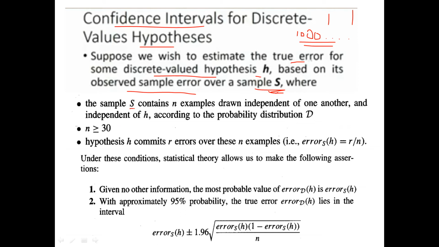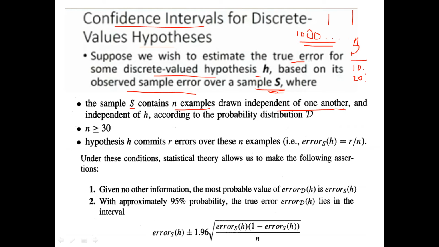Now the sample S contains n examples. In this sample you might have 10 data points, or 20 values, or from 20 people you have collected information. Like this, there are n examples. S is a sample, and in this sample you have n examples which are drawn independently of one another. That means one example is not dependent on another.